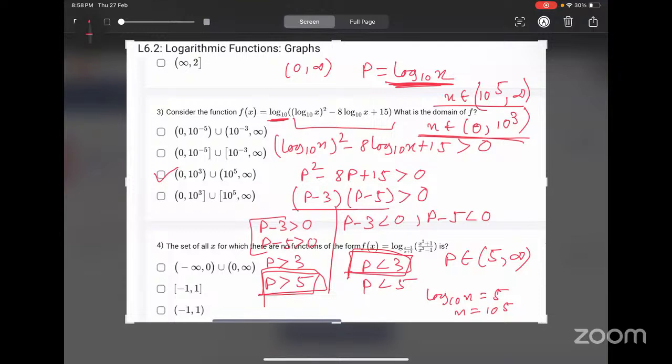And if p is greater than 3, it is not necessary that p is greater than 5. So we will not take p greater than 3, and we will take p greater than 5 because it automatically implies the second inequality also. And p is log 10x, so log 10x is greater than 5, that means x is greater than 10 to the power 5. Okay. Any other doubt?